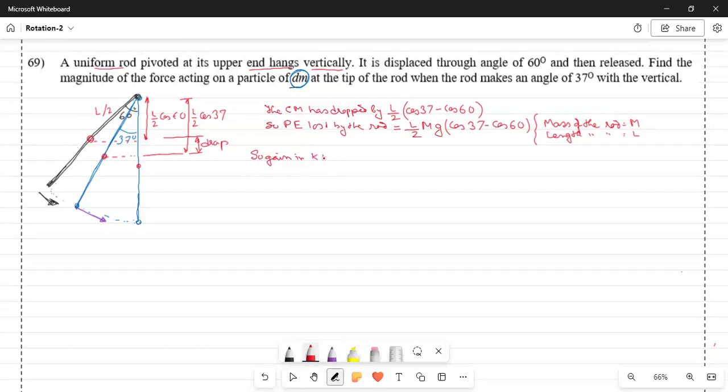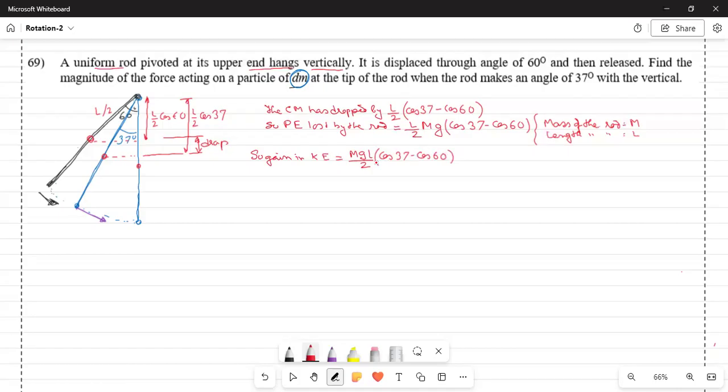That means the gain in kinetic energy is the same amount, MgL by 2 into cos 37 minus cos 60.